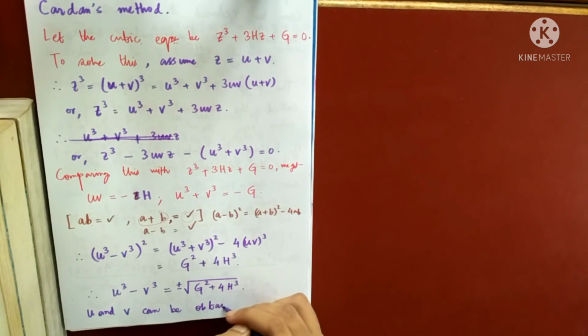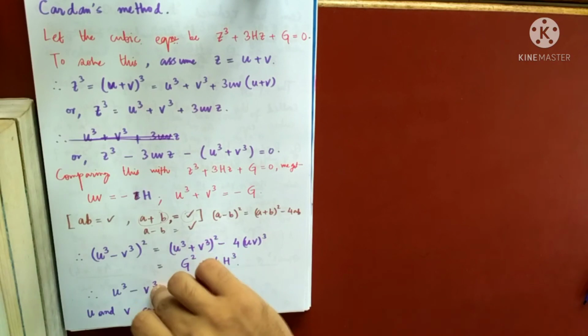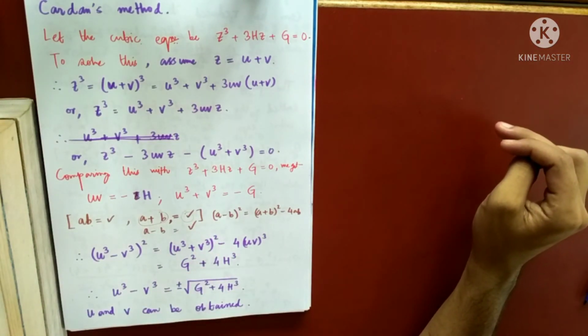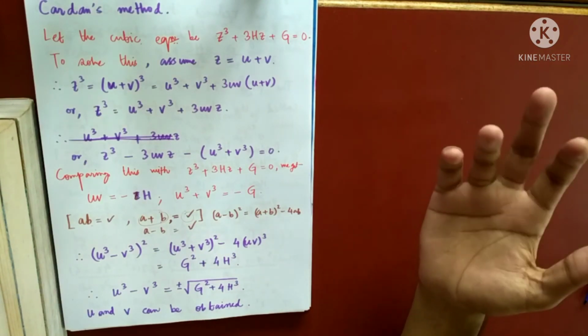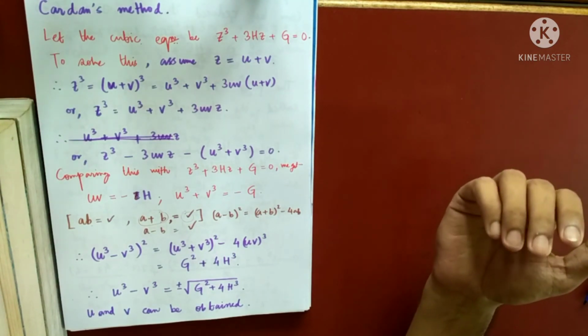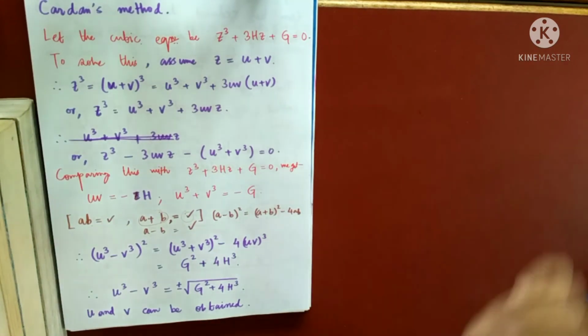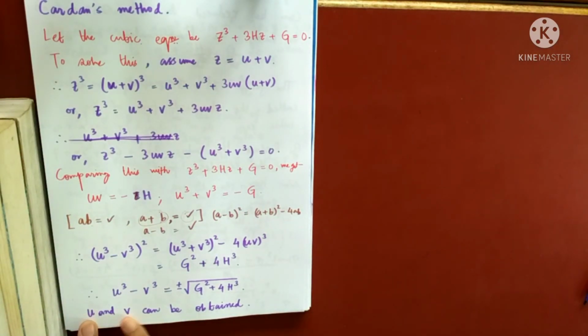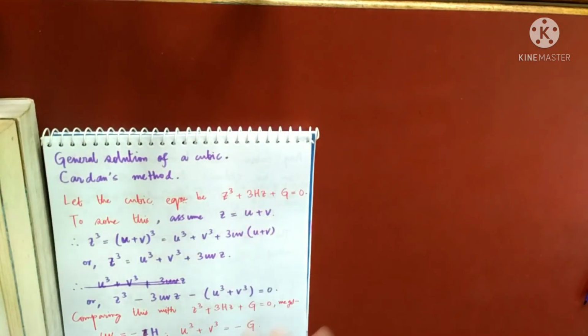We will do this in the sums, using the same technique. I can get the values of u cube and v cube just by adding and subtracting. And once the values of u cube and v cube are known to us, we can find the values of u and v. And once u and v are known to us, we can get the value of z. z is u plus v.